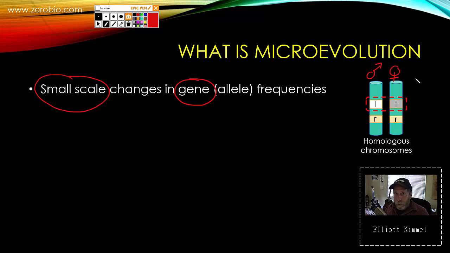In sexual reproduction, a sperm and egg unite, and the sperm carries some chromosomes, genetic material, the egg carries some chromosomes, and the offspring is a mix of all of those chromosomes inherited from the father and from the mother.